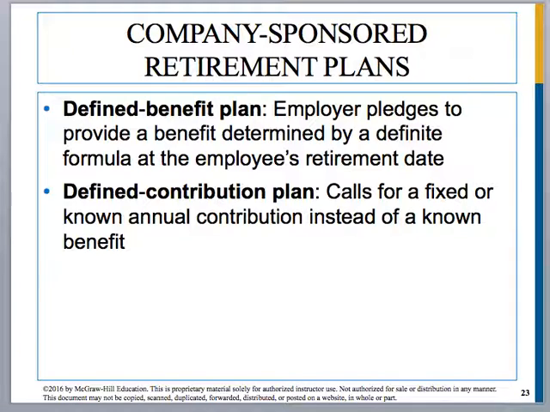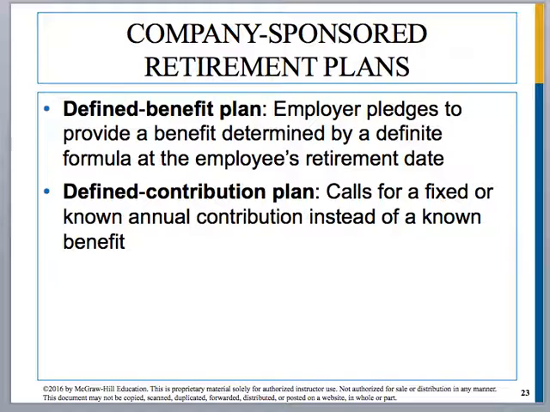The defined contribution plan is going to use a fixed or a known annual contribution instead of a known benefit. So there's the difference. One's a benefit and one's an actual fixed or known annual contribution.